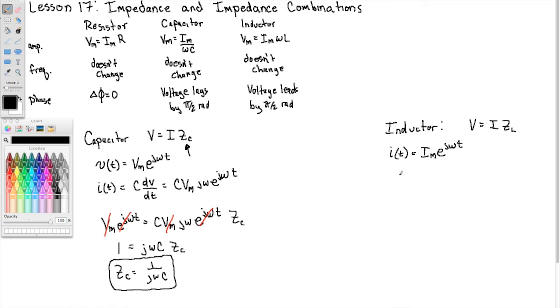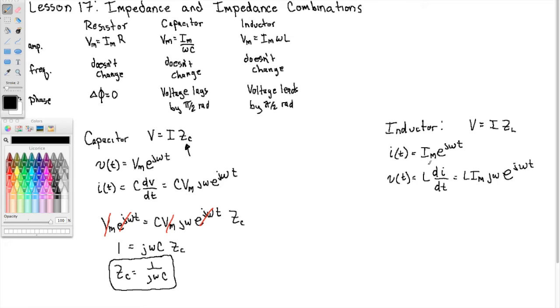And we know that in an inductor, the voltage is L di/dt. So this is L times Im. The j omega comes down in front from the derivative chain rule, e to the j omega t.